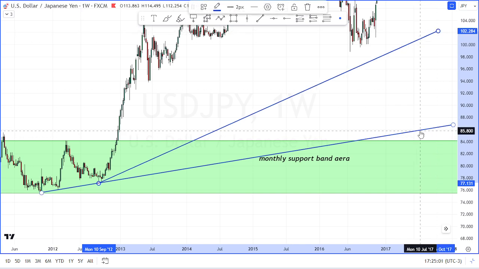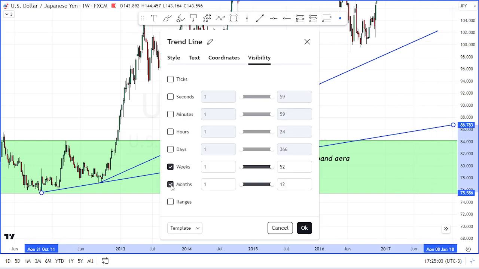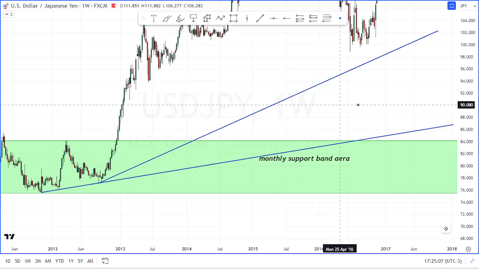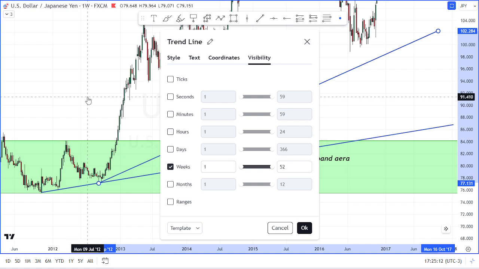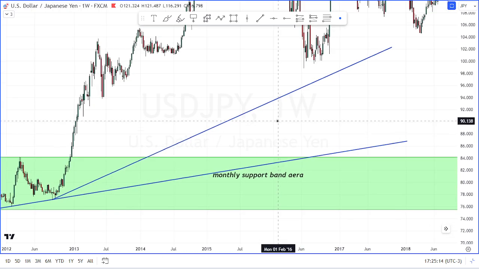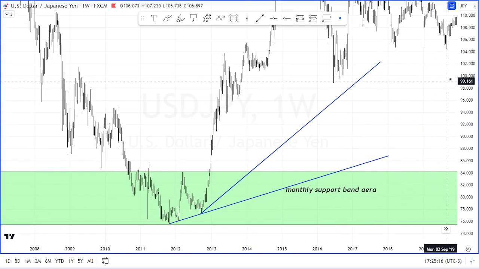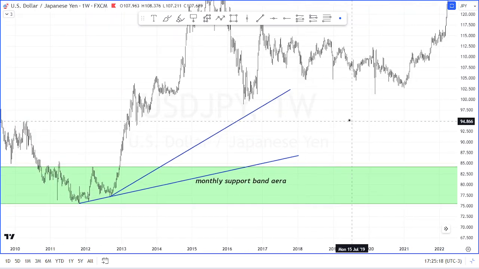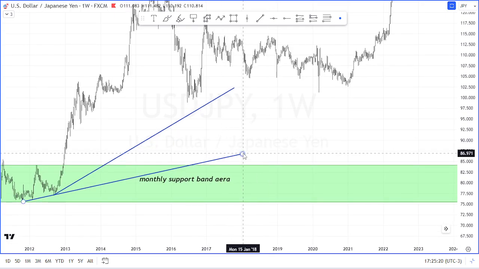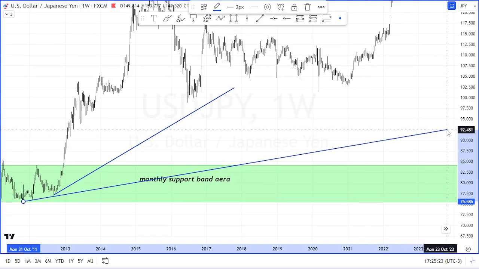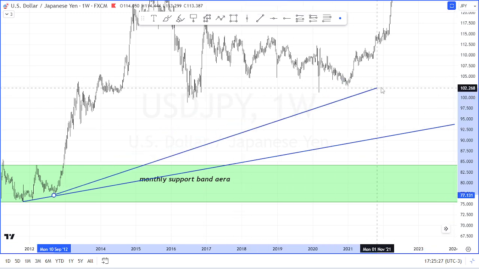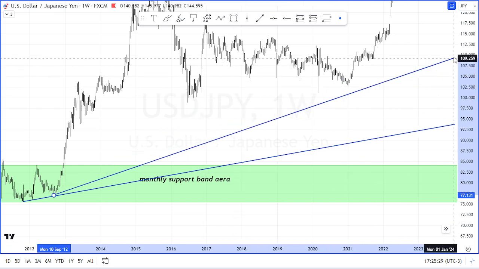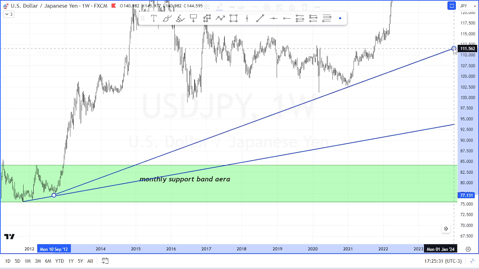Let me check. Yes, so I have to uncheck that of the monthly and leave that of the weekly on, so these trend lines are only seen on the weekly. One of the reasons I'm doing it this way is that if I don't uncheck the other time frames, I'm going to see the daily and weekly trend lines breaking body candles.